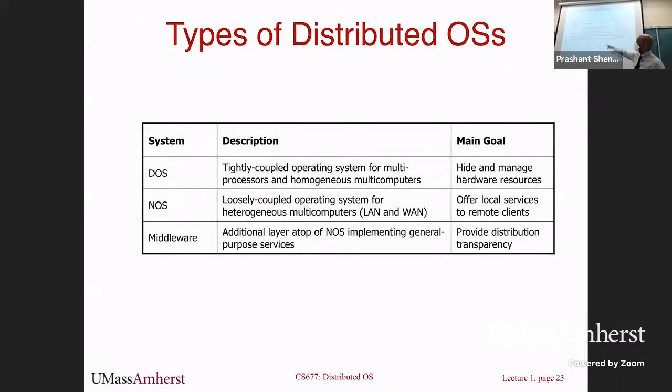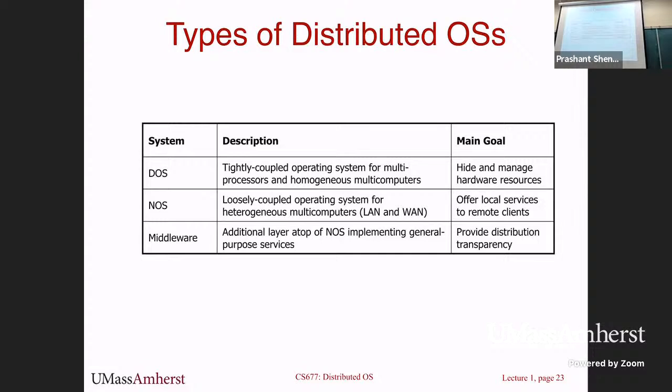And as I said, there are different levels of it. The most tightly integrated, or tightly coupled, one is called a distributed OS. It essentially manages a set of machines and hides the presence of multiple machines. Then one step below that is a network operating system. It still allows you to loosely manage multiple machines, but it doesn't necessarily hide anything from the user.